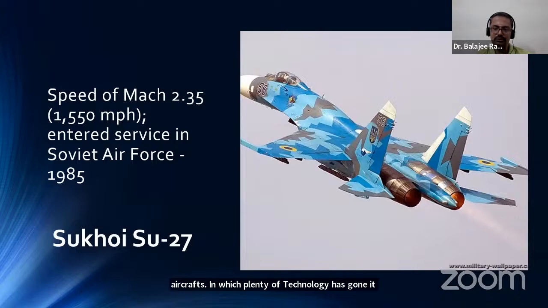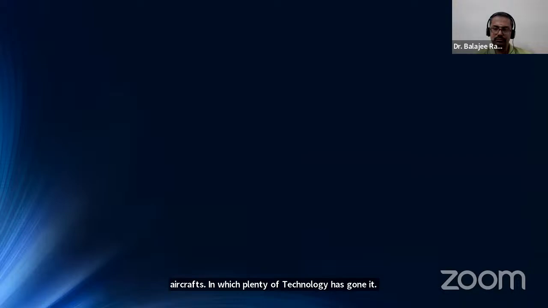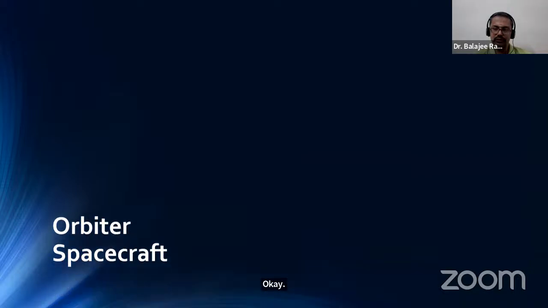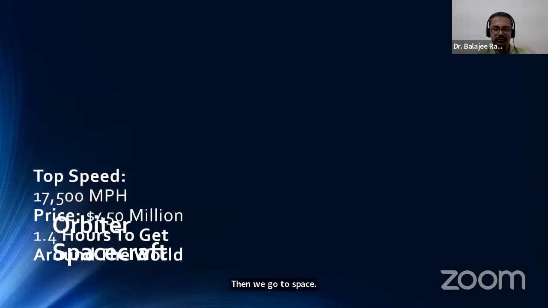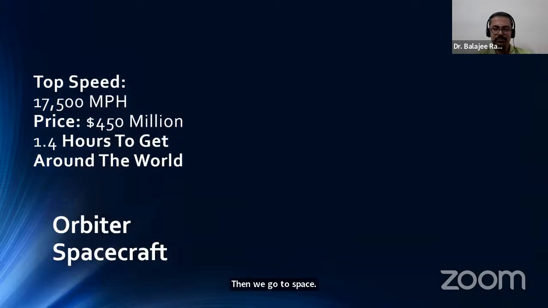Then we'll go to space. The orbiter spacecraft speed is orders of magnitude higher: 17,500 miles per hour. Multiply by 1.6 and you'll get kilometers per hour. The price is around $500 million.